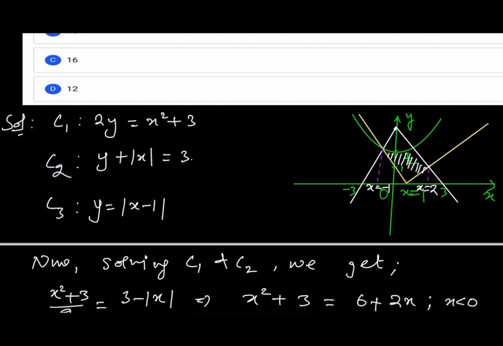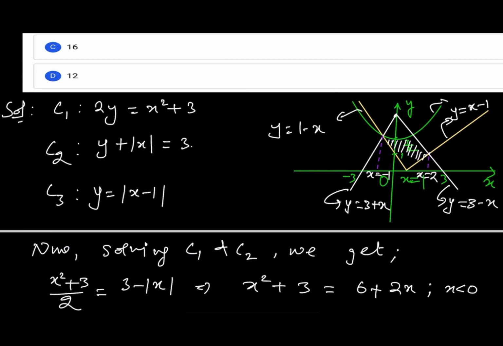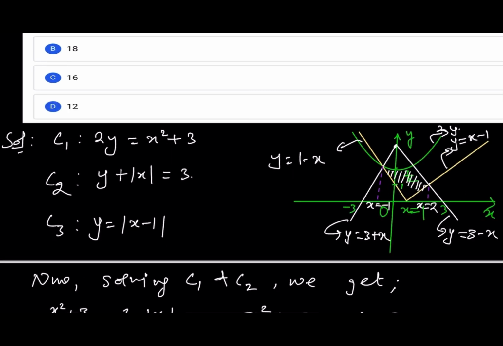I am also writing the equations for these. This is y is equal to 3 minus x, this is y is equal to 3 plus x, this portion is y is equal to x minus 1, this is y is equal to 1 minus x, and this parabola is 2y is equal to x square plus 3.